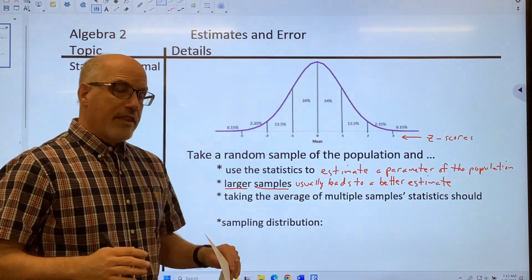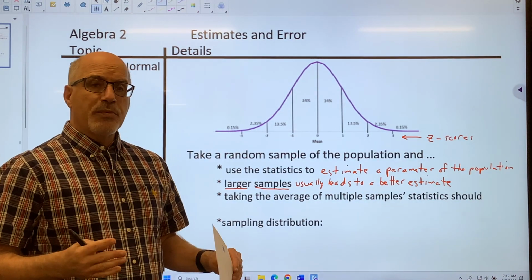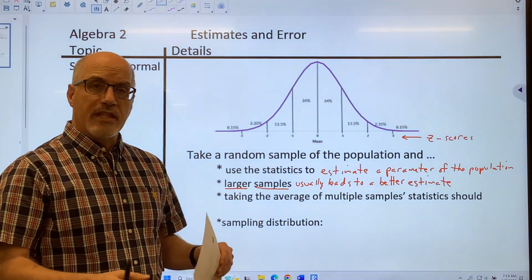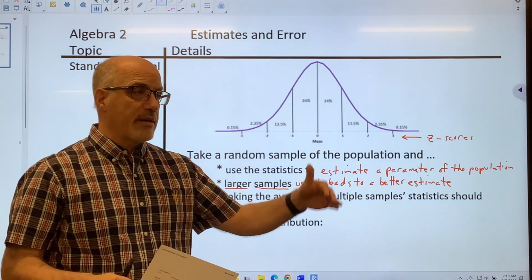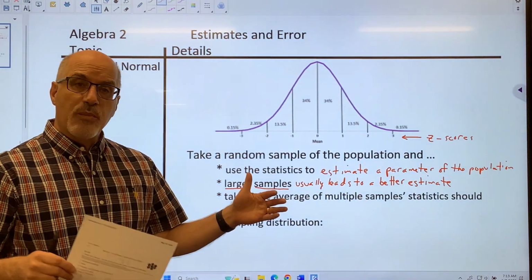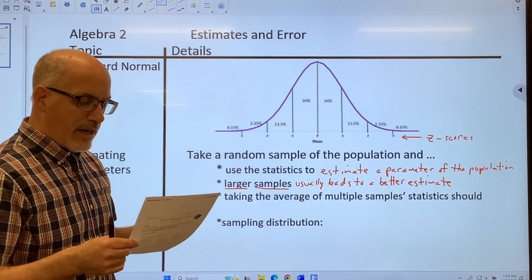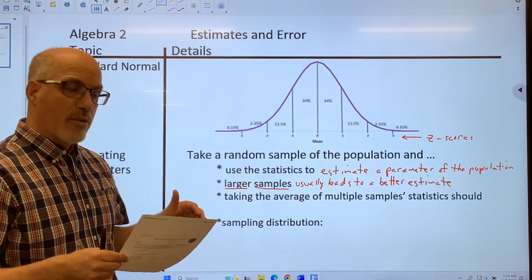Now, one thing we could do is if we take multiple samples and find multiple statistics to go with it, like find the mean of multiple samples of the population, and then we average those statistics, that should lead to a better estimate of the parameter.